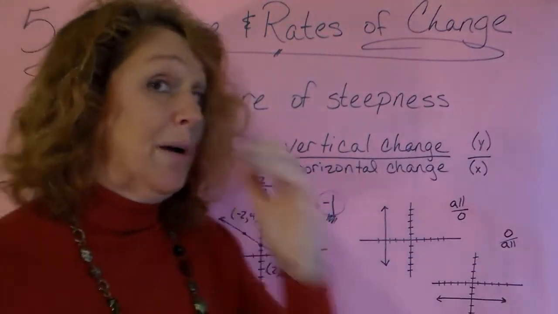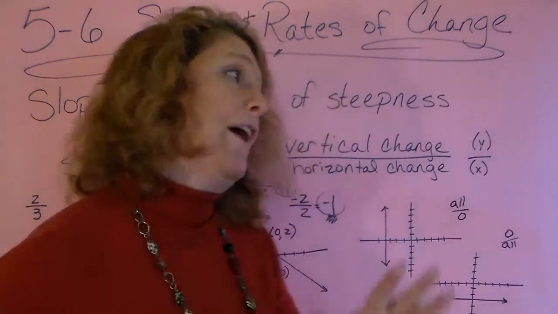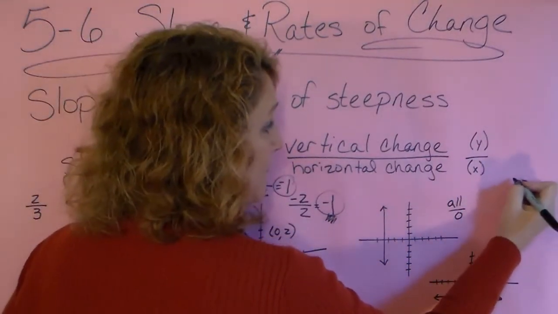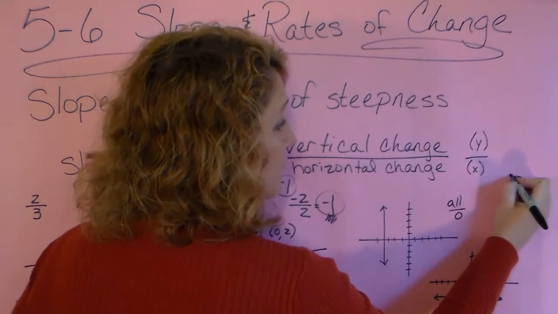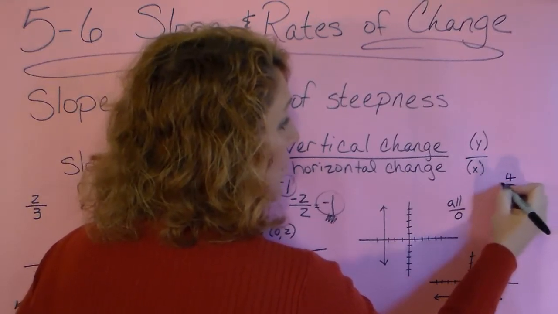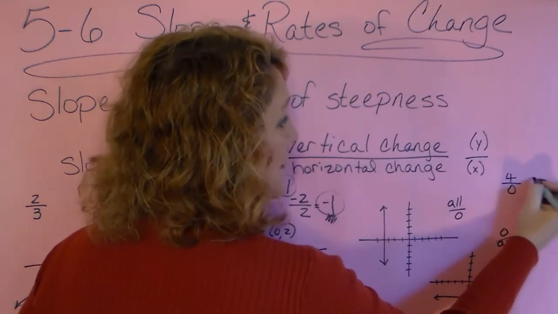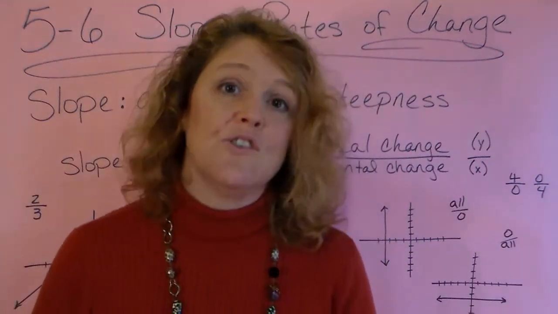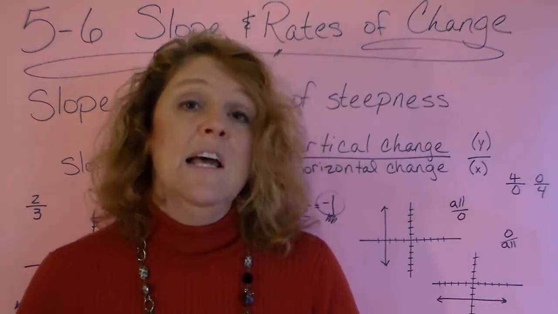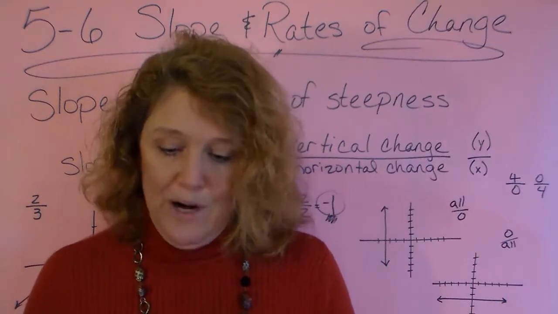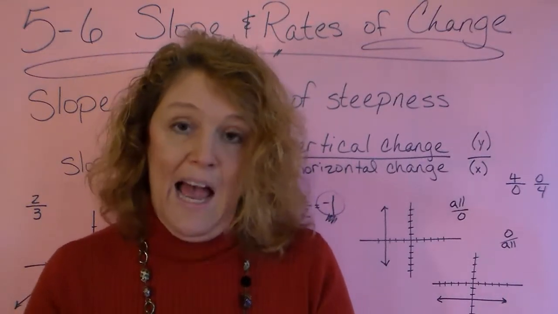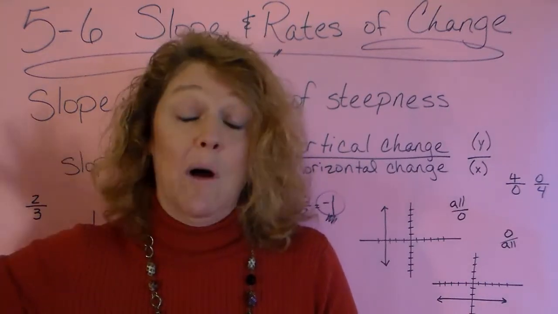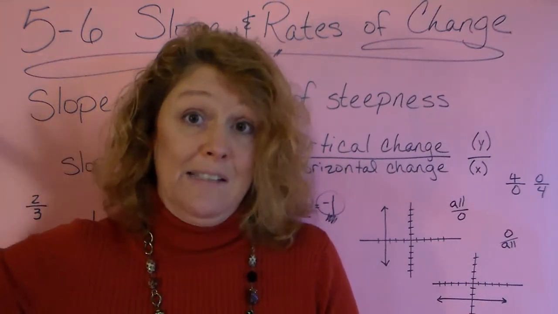Now, if you remember, when we talked about fractions, if you've got 4 over 0 versus 0 over 4, one of these answers is 0 and one of these answers is undefined. If you have something and you break it up into 4 categories, and you're talking about 0 of them, that's 0.